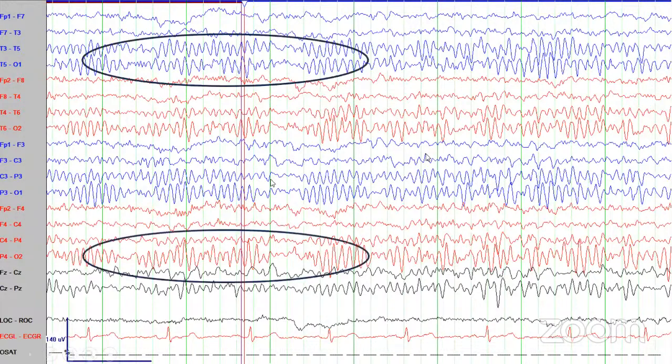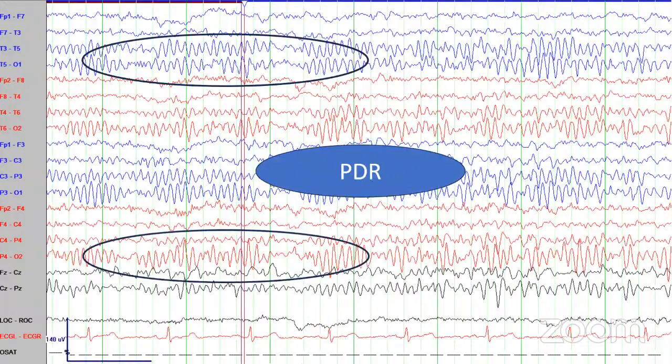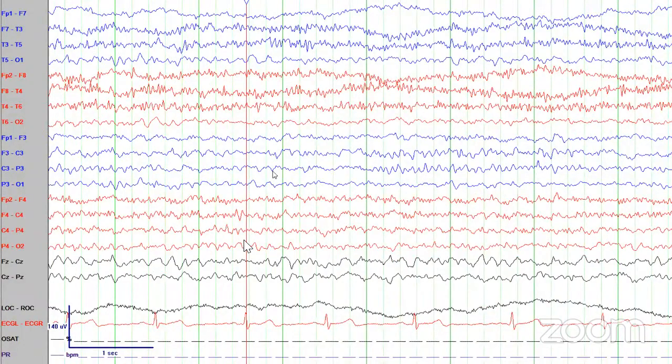Now, as we transition further, that perfectly beautiful PDR is not appreciable, and we see a mixed frequency background. Plus, as is evident on these ocular electrodes, there is slow roving eye movement. We have attenuation of alpha, a mixed frequency background, and not much muscle artifact. So this person is getting drowsy.